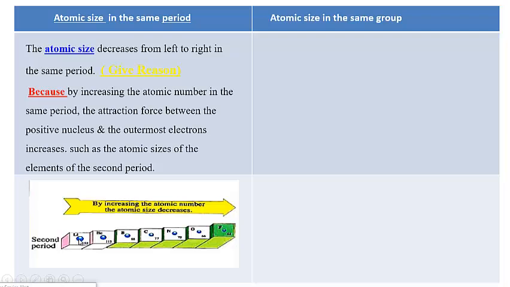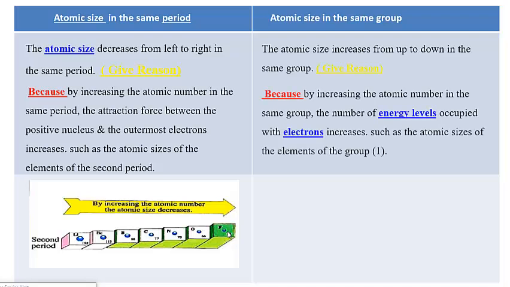In the second period, lithium, beryllium, boron, carbon, nitrogen, oxygen, fluorine, neon and so on, when increasing the atomic number, the attraction force between the nucleus, which carries a positive charge, and the electrons, which carry the negative charge, will increase. Then the atomic size will decrease. The size of the atom will decrease in the period.